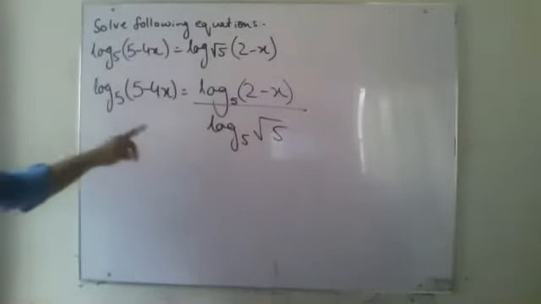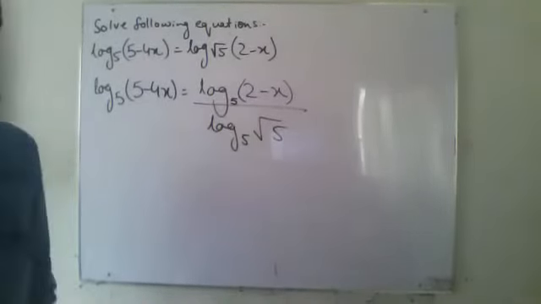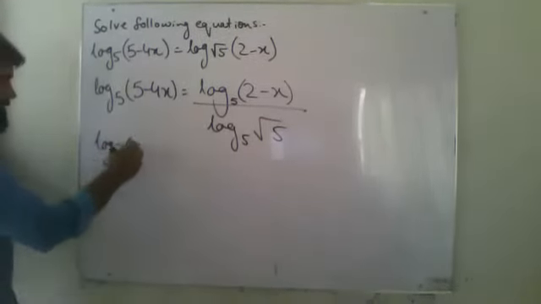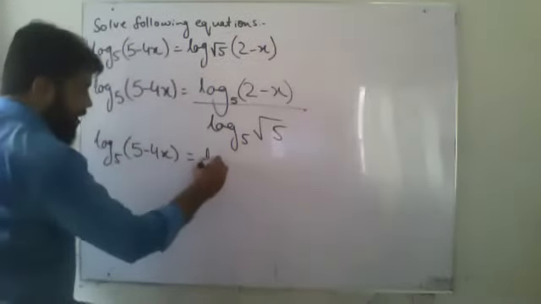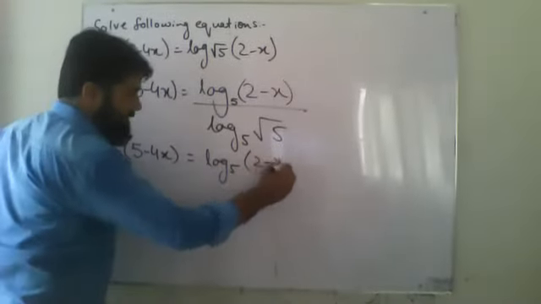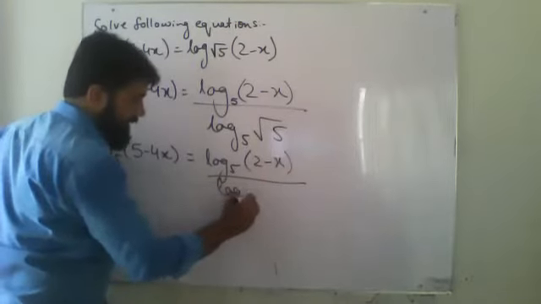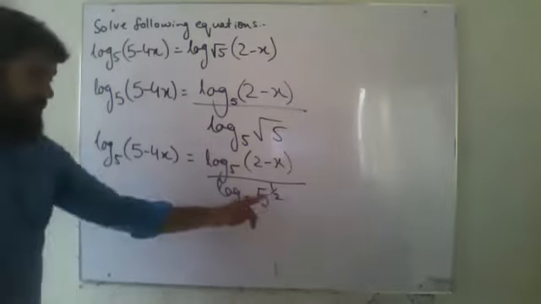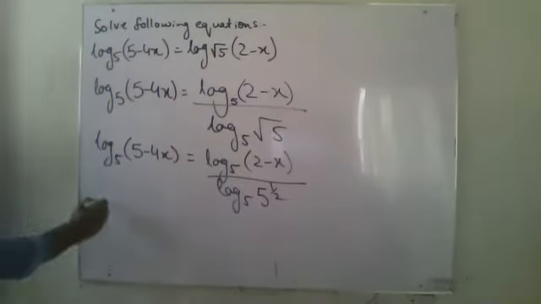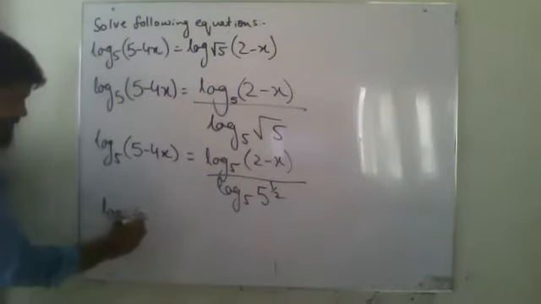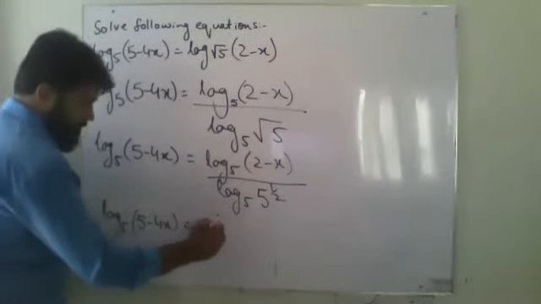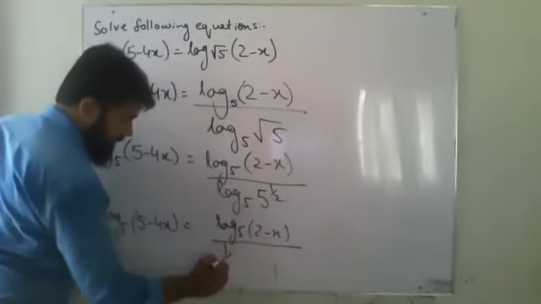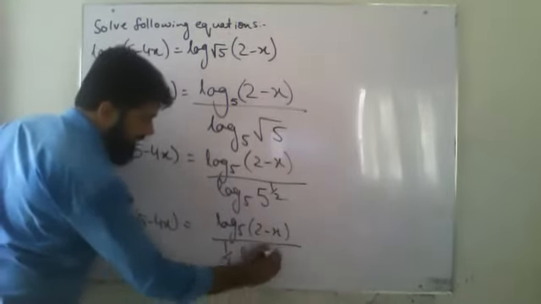My requirement was base 5, so I made base 5 to make it easier. After this, log base 5 of (5 minus 4x) equals log base 5 of (2 minus x) over log base 5 to the power half. This half is written as a power of the multiple, so it is log base 5 of (2 minus x) over half log base 5 of 5.